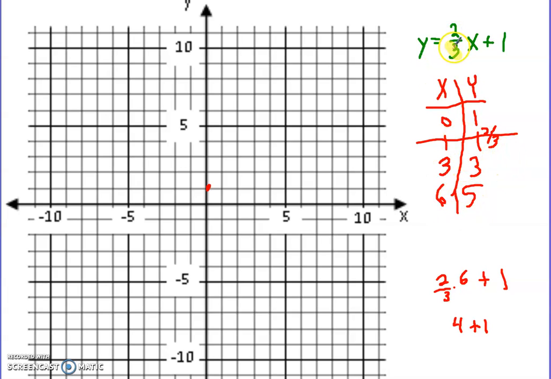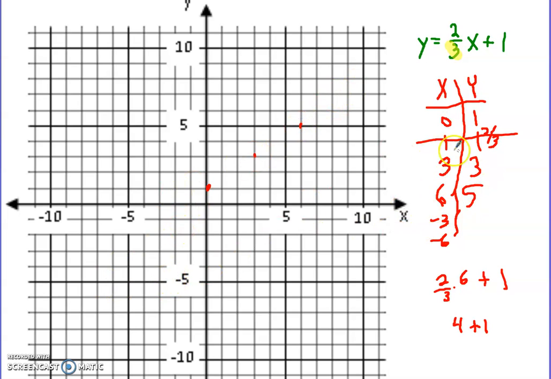So that denominator is a big clue. Even if I did -3 or -6 or 9 or -9, any multiples of that denominator will turn out to be nice numbers. Then you can graph (3, 3) and (6, 5) and see it makes a straight line.